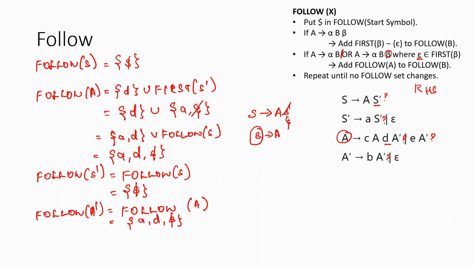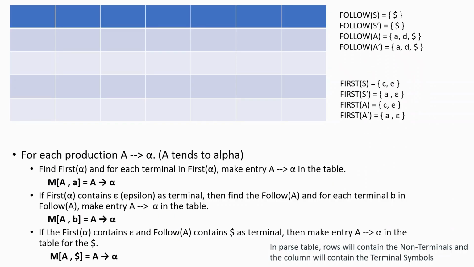So as the output, we get both the follow and first of the given production. Now we have to fill up the parse table. In the rows of the parse table, we have the non-terminals: S, S dash, A and A dash.